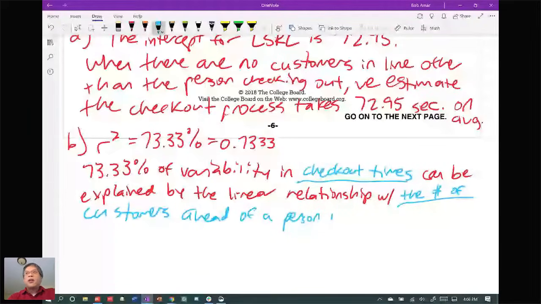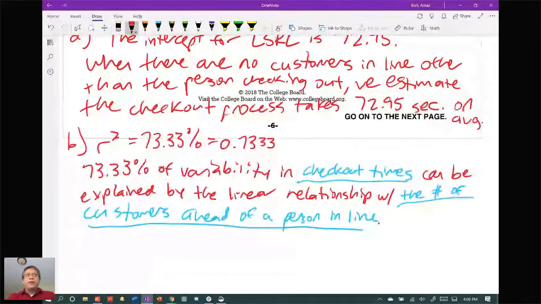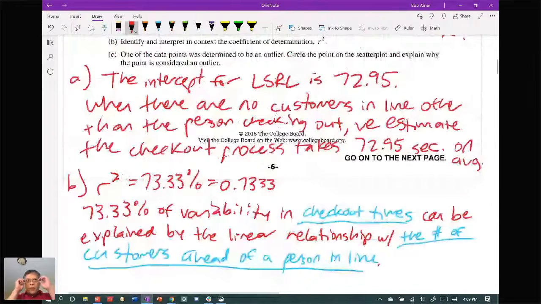Context is important. At least in this case, they tell you to use the context. You need to know to put the context there. It is always safer to put the context there. Why risk credit if you don't? That's not a good idea.